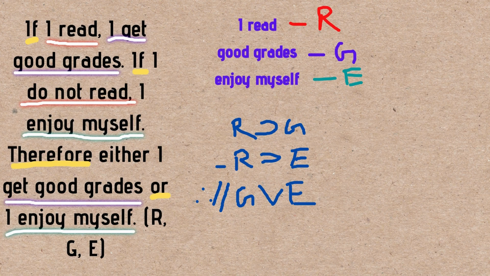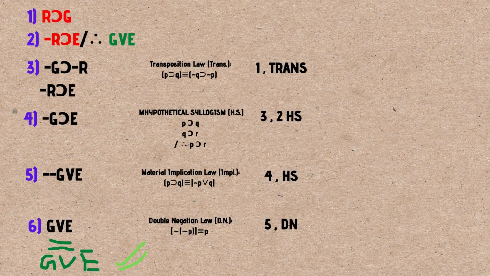I read is having the R variable, good grades having the G variable, enjoy myself we are having the E variable, and we are constructing a good argument, and we will be applying the rules which we have learned so far, and we will be proving the conclusion in the question, and the conclusion which we got is true. Therefore the argument which we have formed and provided is a valid argument.